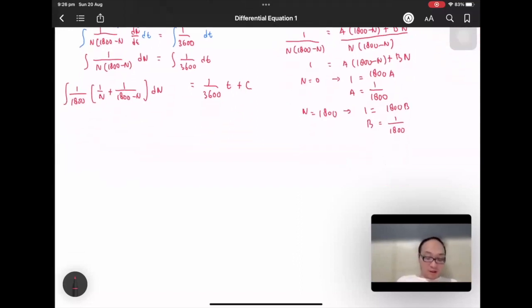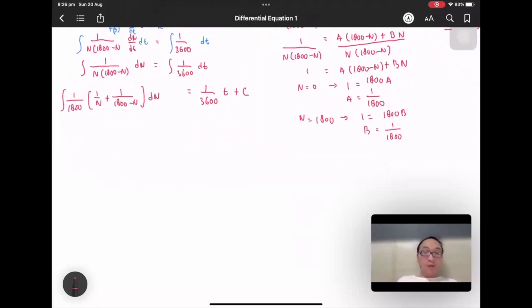And then I can multiply the 1800 to the right. So the integral of (1 over n plus 1 over 1800 minus n) dn equals 1800 over 3600 t plus c. So this becomes 1 over 2.